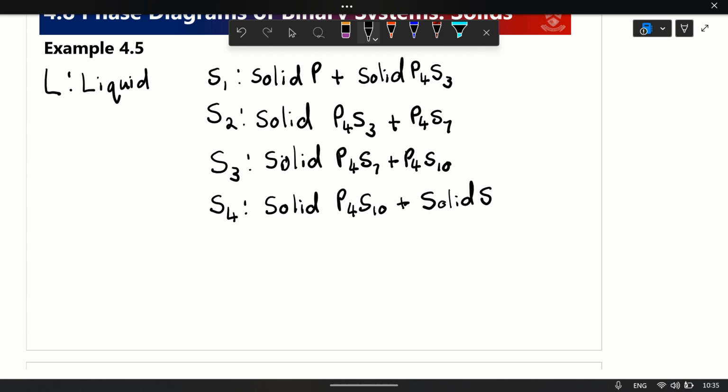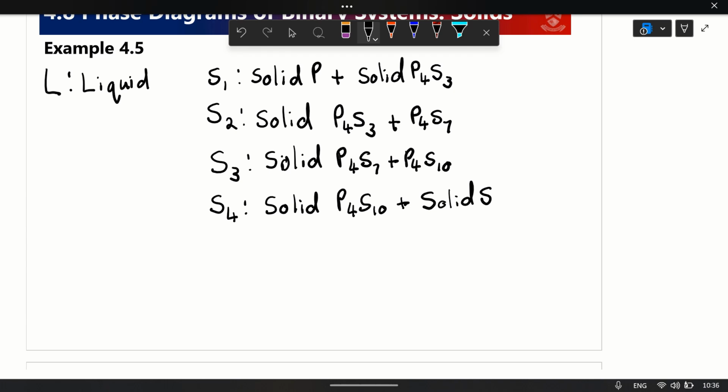Remember, we start off with solid phosphorus, and then there's not enough sulfur to be on its own, so that reacts with the excess phosphorus to form the first binary compound. And then in between, we have the mixtures of the binary compounds, or if there's just one binary compound, then you don't have a mixture because you just have the line. And then when you have the switch over between which one is in excess, the one becomes trapped in the binary compound, and the other one becomes in excess, which is then S4. Right, so that is what you see here.